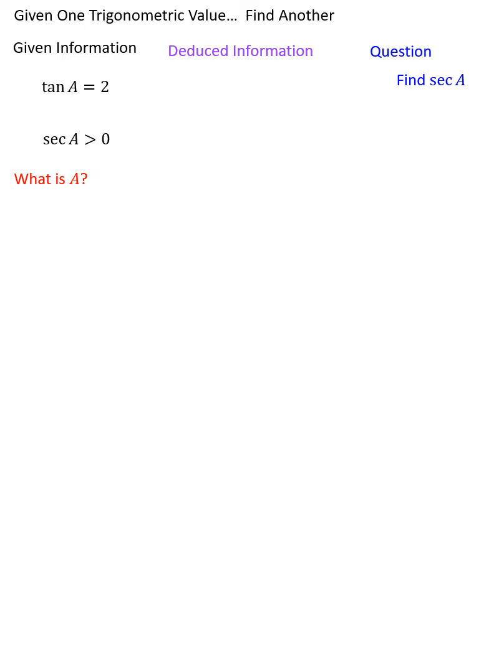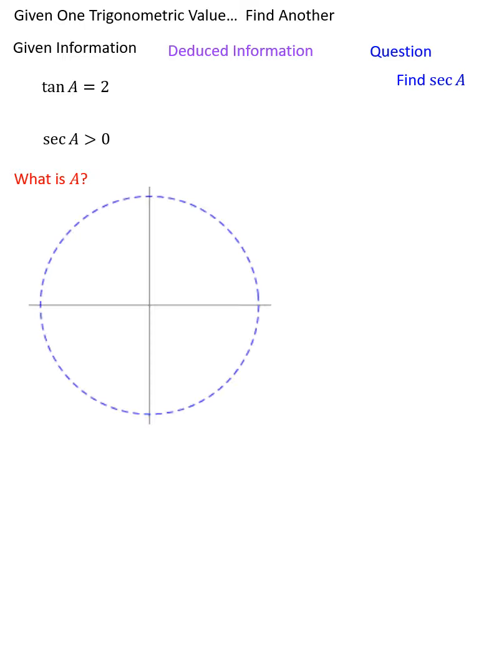So just to remind you what A itself is, A is some arc that terminates somewhere, not necessarily here, I'm just drawing a generic picture, but wherever A terminates, it has a tangent of 2 and a positive secant. That's what we're given on the left side of this problem.